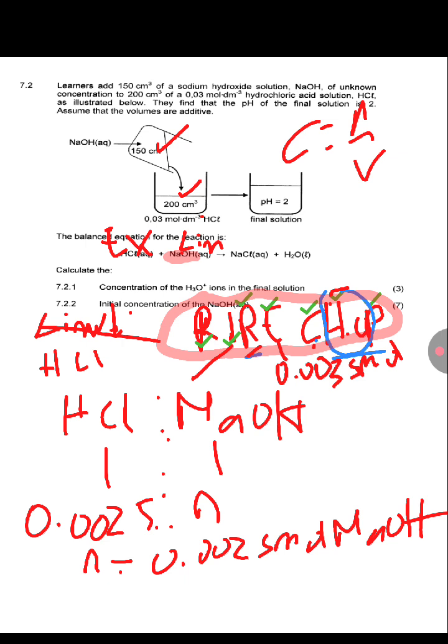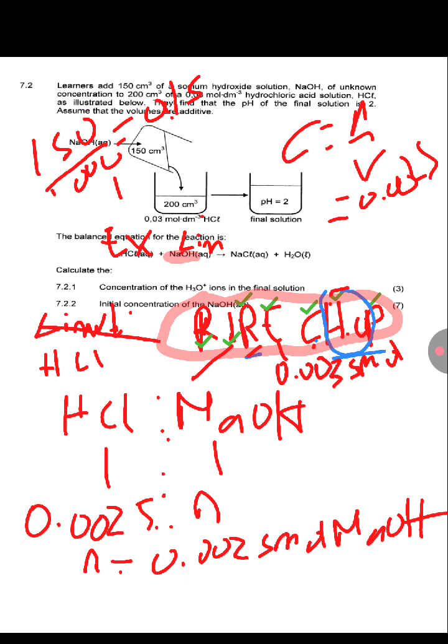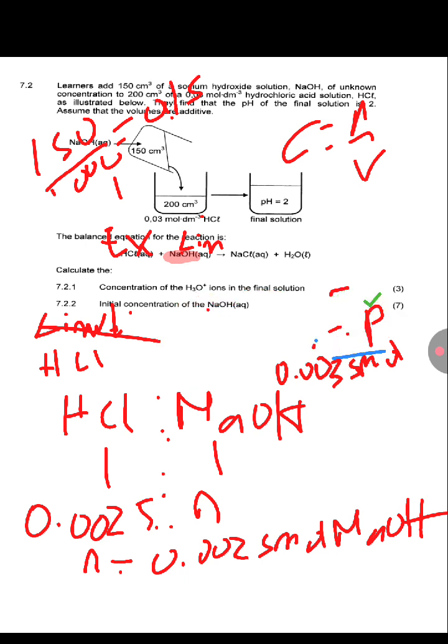I know the volume of NaOH, it is 150, so 150 divided by 1,000, and you get 0.15.